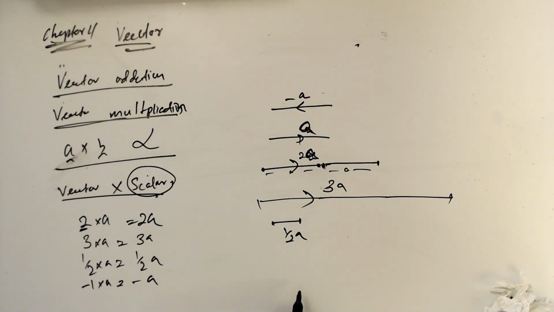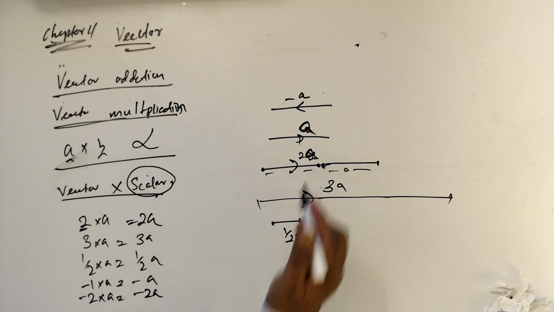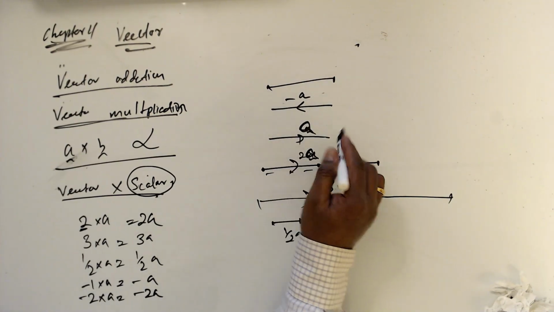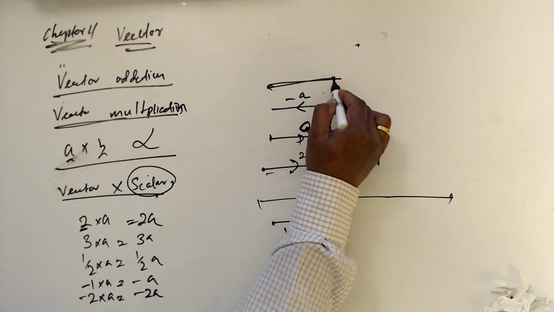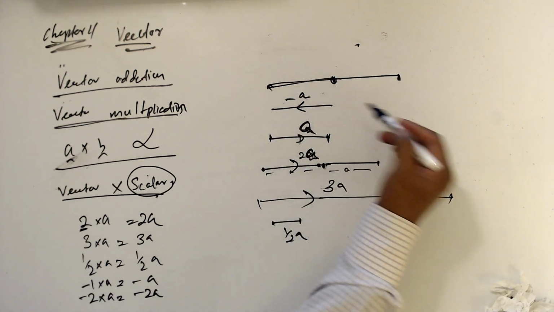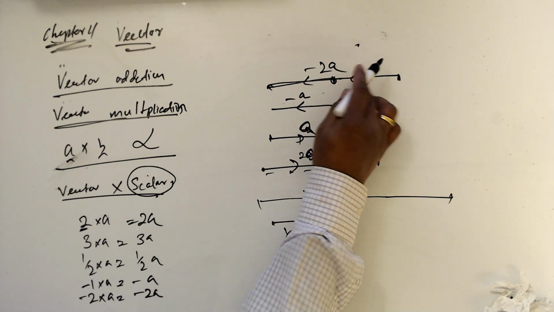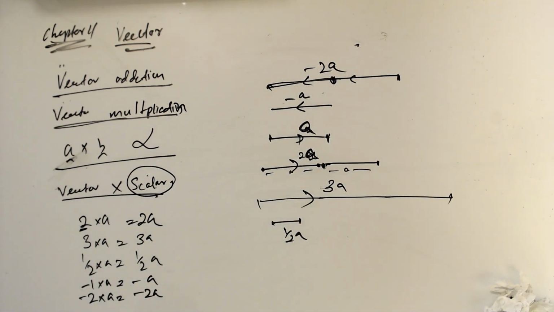If you multiply by minus 2, it's minus 2A. It means the same size as 2A, but you have to reverse it. So this is minus 2A. That's the only thing you can do.